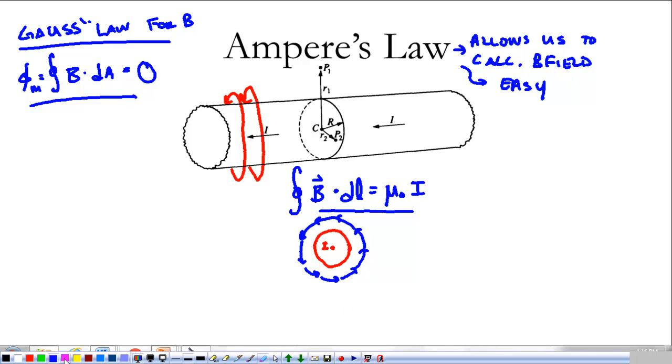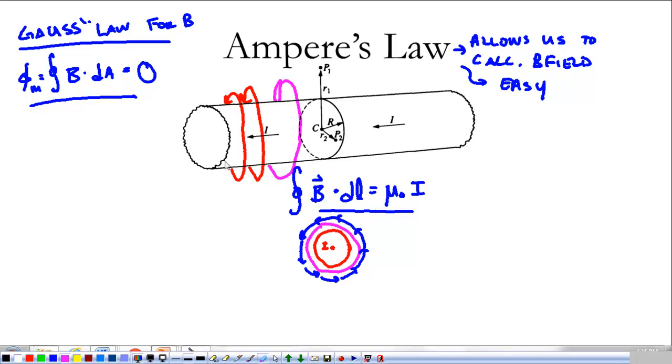So what we're going to do is take an Amperian loop and put it around our cylinder. It's not a great loop. So that loop is going to go around this cylinder.